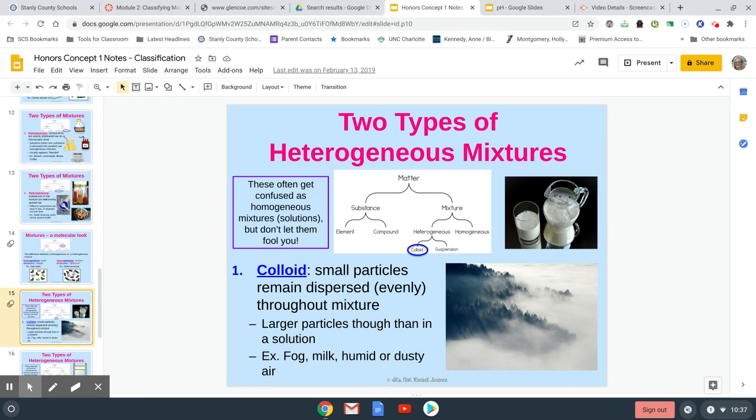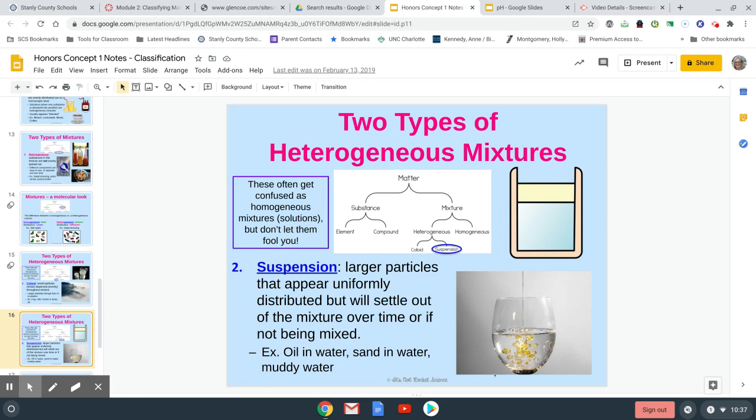Light cannot pass through it. It's very difficult. It may reflect light back. So fog, milk, humid or dusty air, these are all colloids because the small particles are suspended throughout it, so it looks even, but the particles are actually larger than what they normally would be.